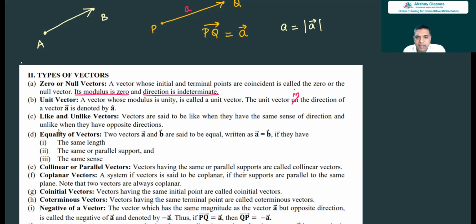Then like vectors and unlike vectors. Vectors are said to be like when they have the same sense of direction, and unlike when they have opposite sense of direction. So like vectors need not be equal.